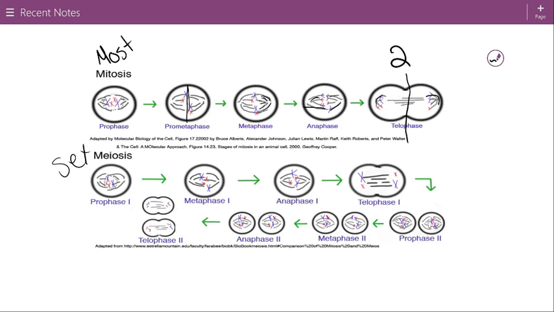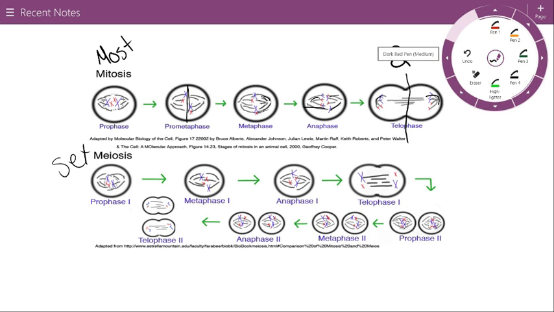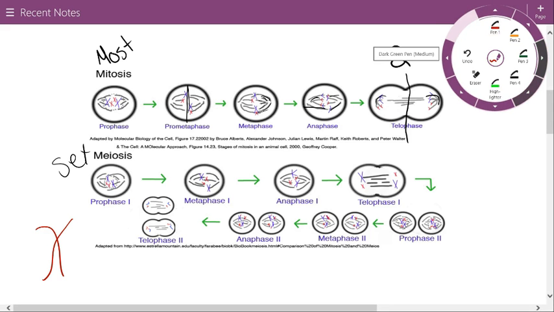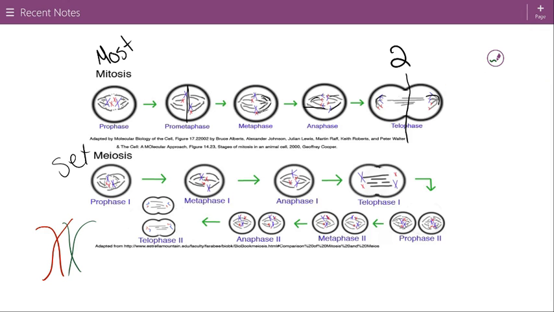Now in meiosis, the process is very similar, but there are a couple key differences. In prophase 1, the genetic information is copied, but there is an intentional swap. Say we have one chromatin and another chromatin.